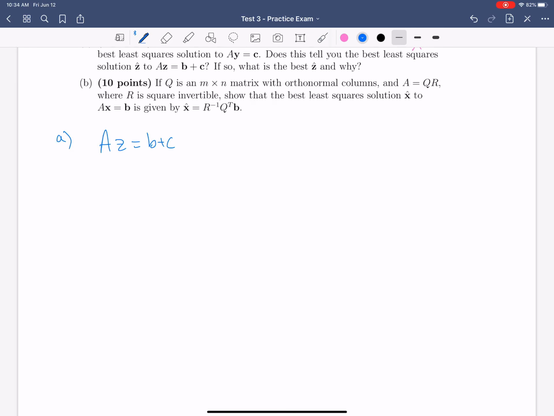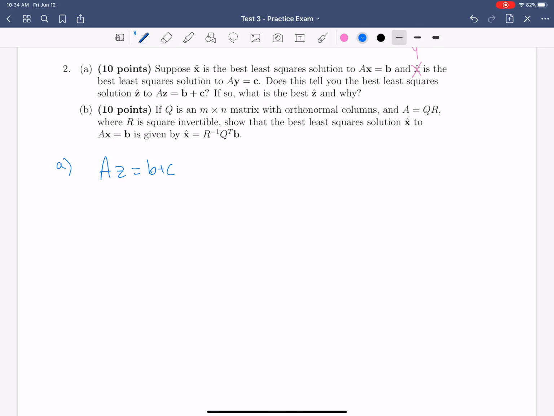Now how do I go to z hat? Well, I multiply both sides of this equality by A transpose. So I have A transpose A z hat equals A transpose (b plus c), right? I have to multiply b plus c. That's the right-hand side.